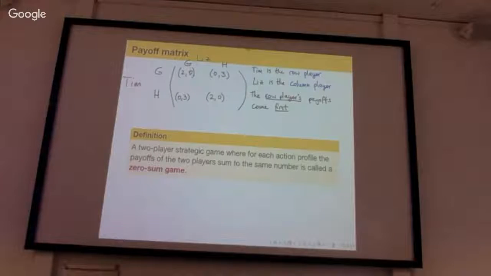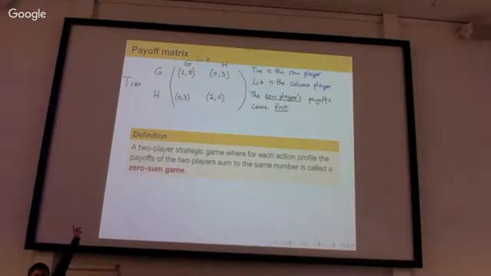Okay, test question. Is this a 2-player game then? Is this a zero-sum game? No? Okay, so who thinks this is a zero-sum game? Who thinks this is not a zero-sum game?